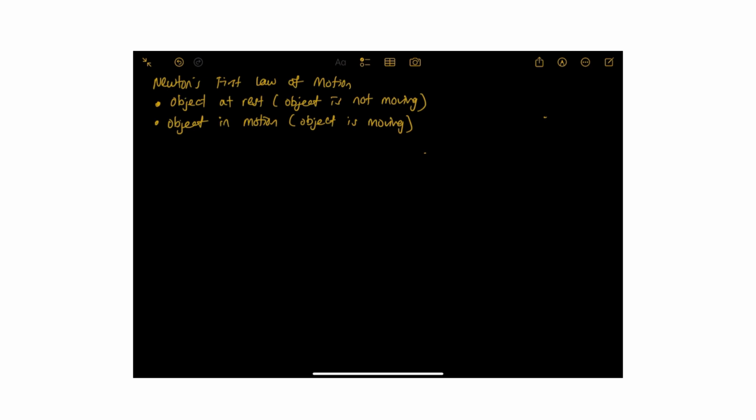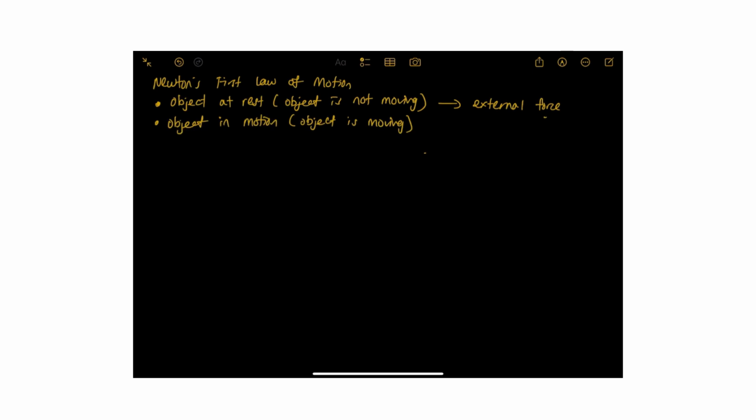It mentioned that an object which is at rest will continue at rest unless we have external force. And the same applies to the second part, which is the object in motion.